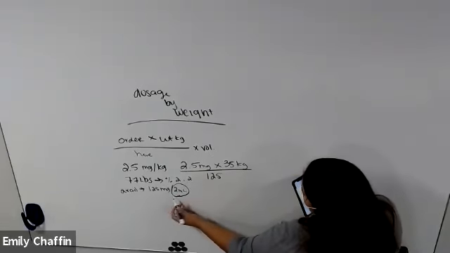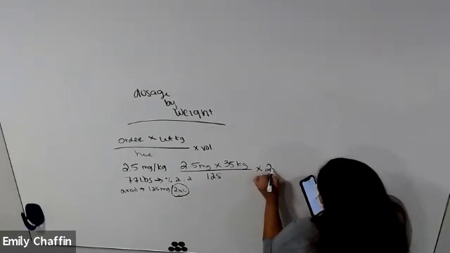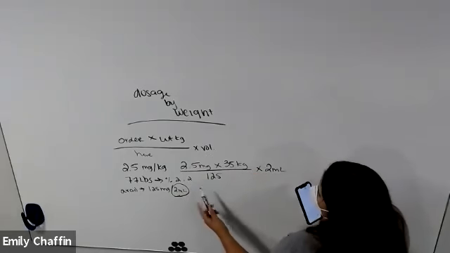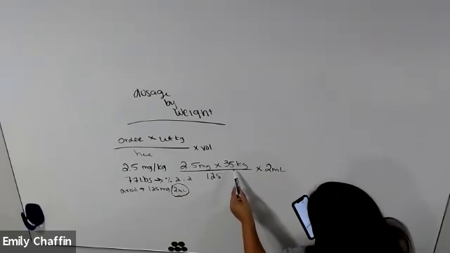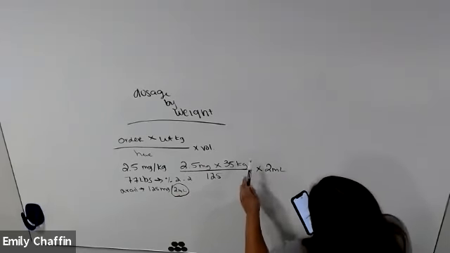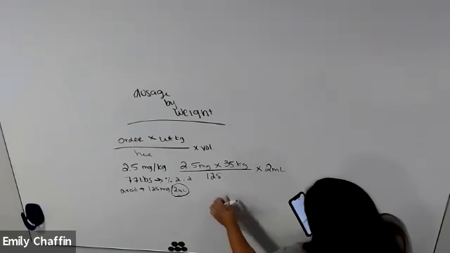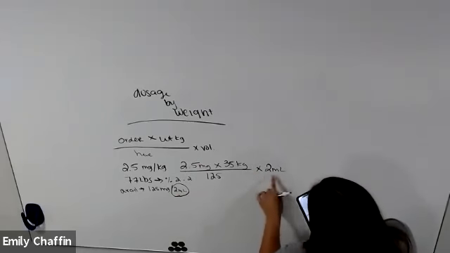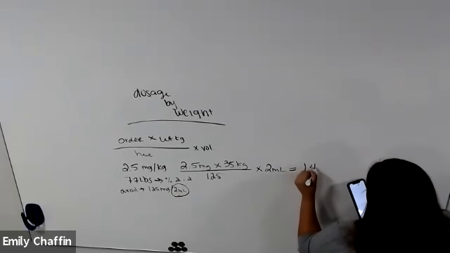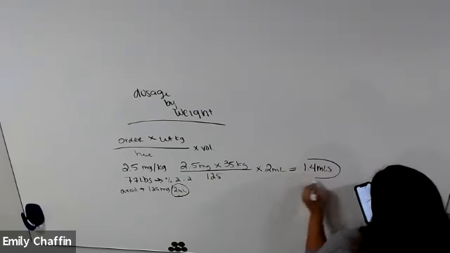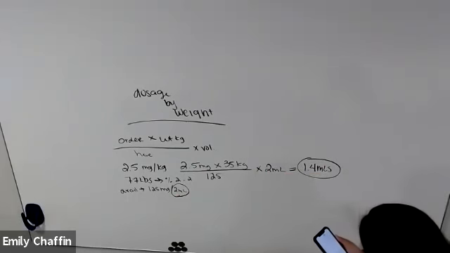This is your volume right here, so you want to times it by 2 mLs. So now you have 2.5 milligrams times 35 kilograms. Whatever number you get here, you want to divide that by 125 times 2, which then at the very end, you should get 1.4 mLs is what you would give this peds patient.